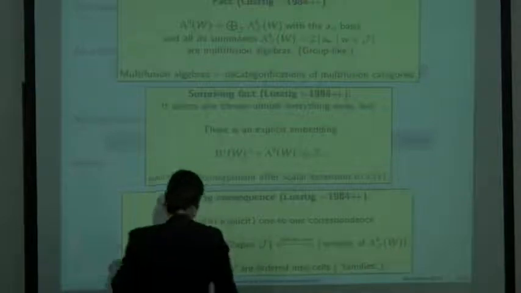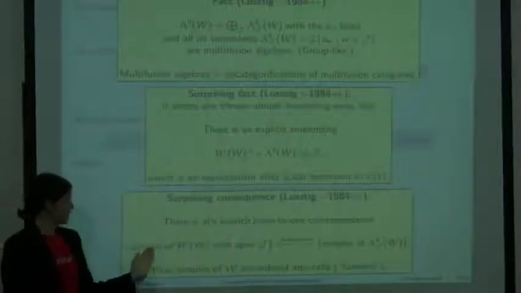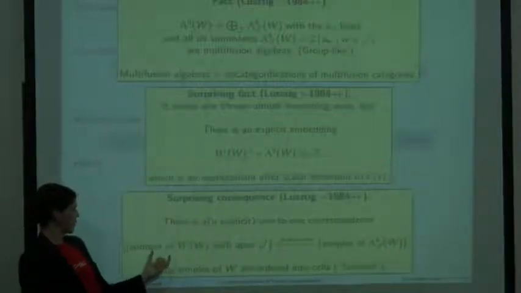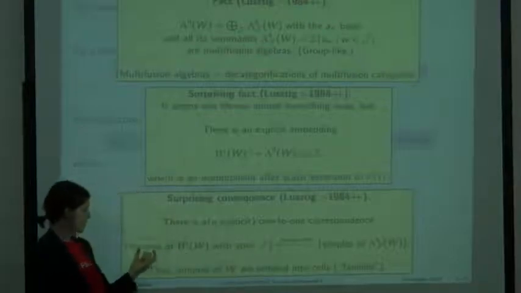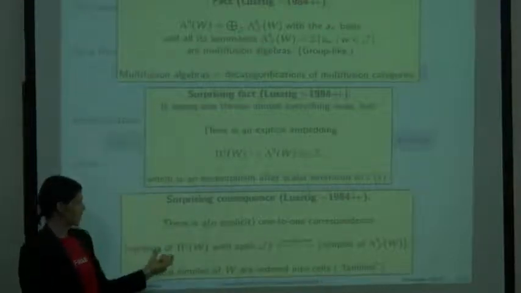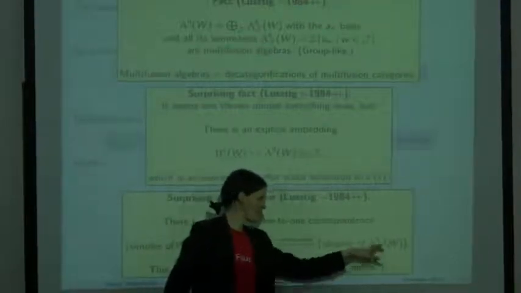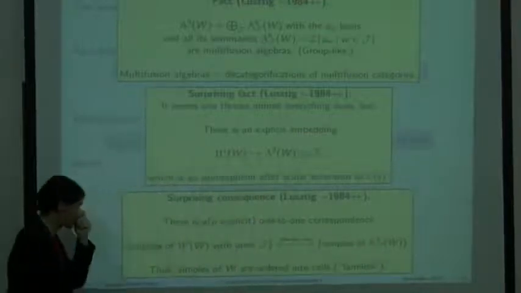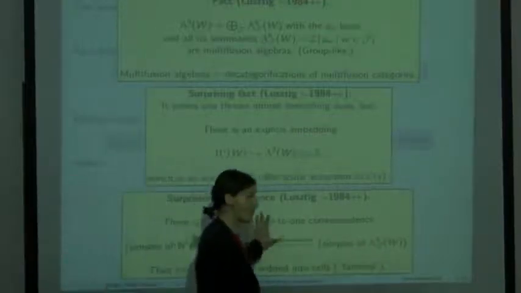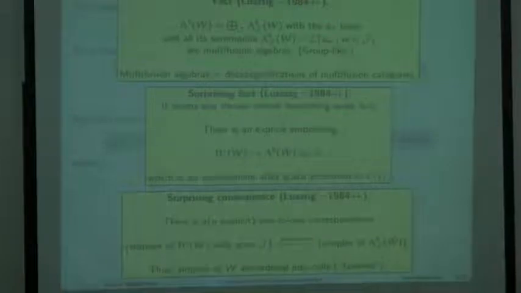So you get again the same statement. The simples can be ordered by apexes, and the simples with a certain apex are in one-to-one correspondence with the simples of this much easier guy. And this is what we want to categorify. And this is what we can categorify in almost all cases. Okay.